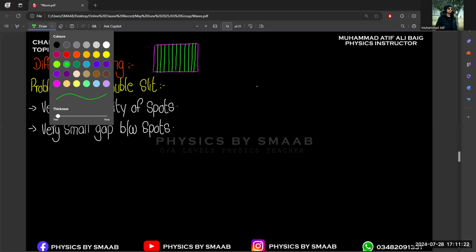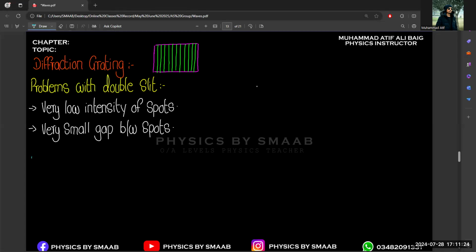And in diffraction grating, this material is called the grating element.